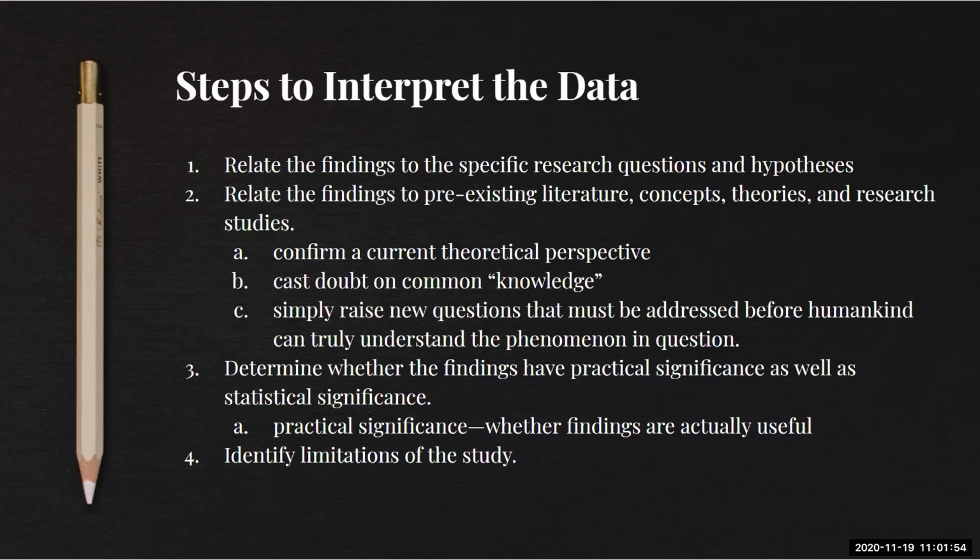Relate the findings to pre-existing literature, concepts, theories, and research studies. We can do this by confirming a current theoretical perspective, casting doubt on common knowledge, or simply raising new questions that must be addressed before humankind can truly understand the phenomenon in question.